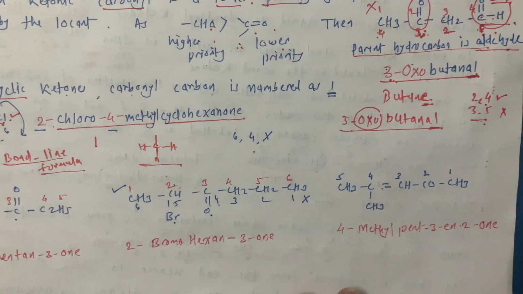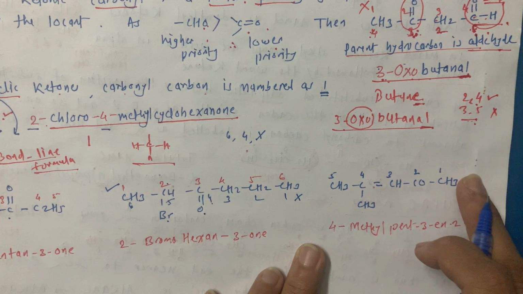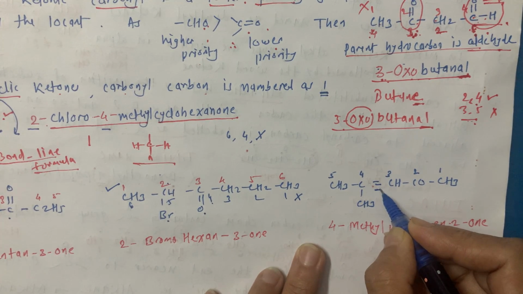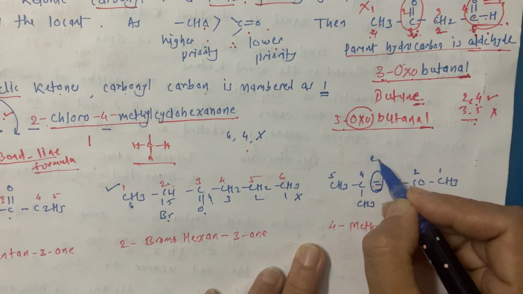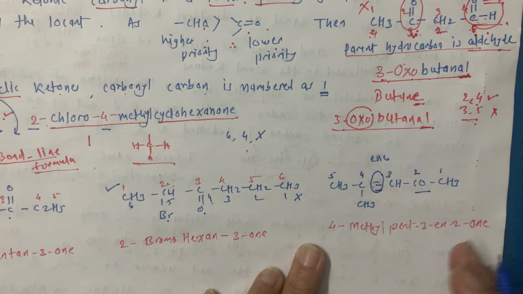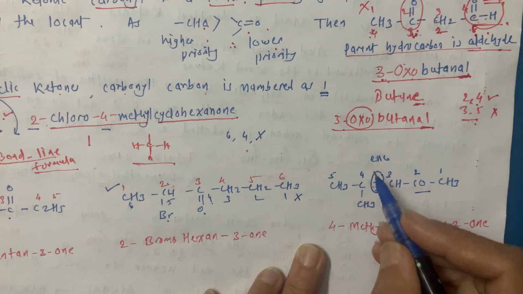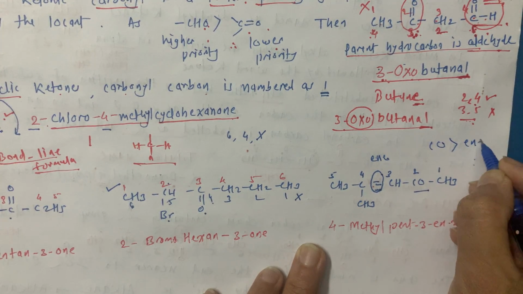Then the next one is CH3 C(CH3) double bond CH CO CH3. Now see, here the double bond means this is an ENE, an alkene, and here is the carbonyl, that is the ketone. Here the carbonyl has higher priority than the ENE; CO has higher priority than ENE.